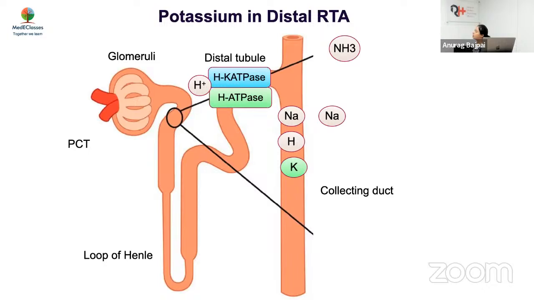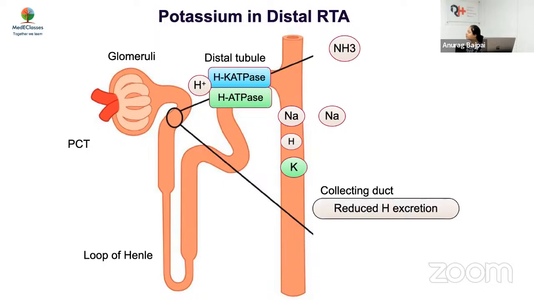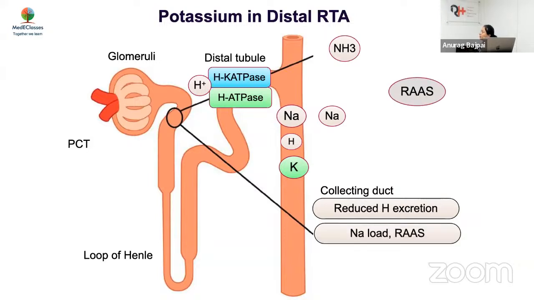Moreover, these children also have an occult volume deficit, which results in RAS activation and exacerbation of this hypokalemia. You will try to conserve more sodium in this volume depleted state and end up losing more potassium. So there is reduced proton excretion in distal RTA, and because of RAS activation, you end up losing more potassium, resulting in hypokalemia.